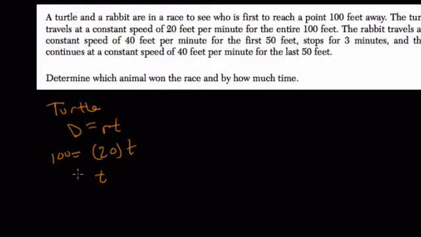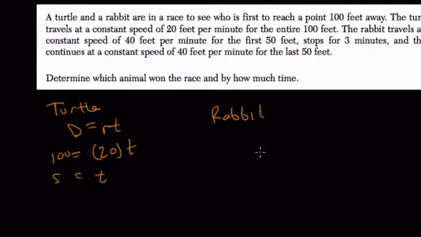So this time should be 5 minutes. The rabbit travels at a constant speed of 40 feet per minute for the first 50 feet, stops for 3 minutes, and then continues at a speed of 40 feet per minute for the last 50 feet. Okay.